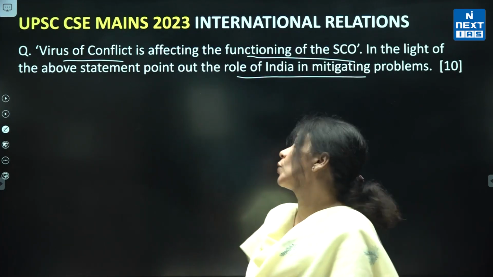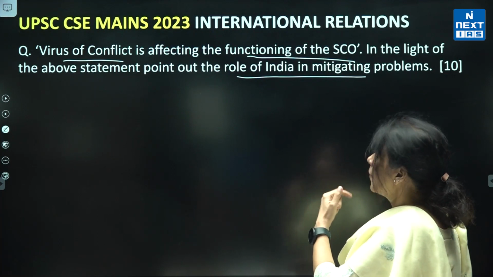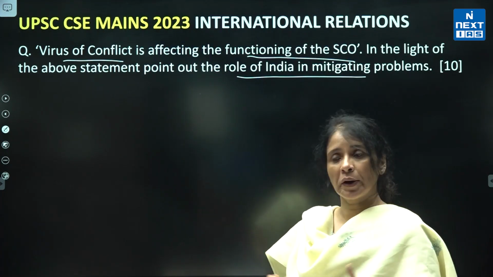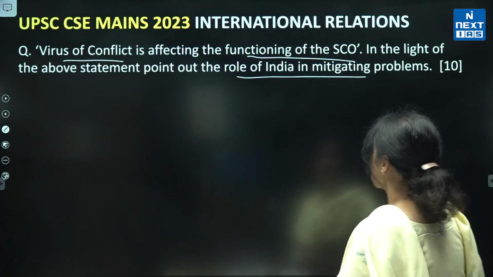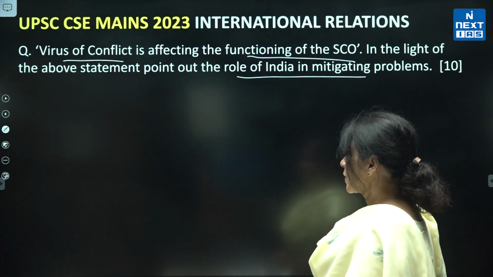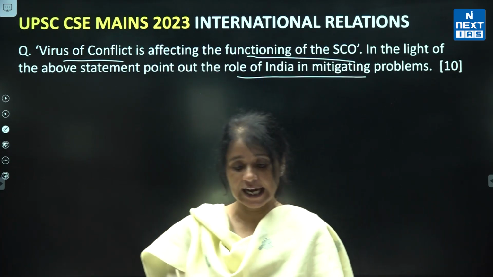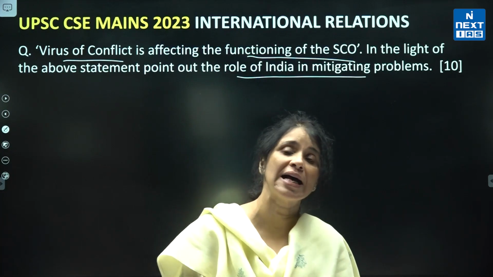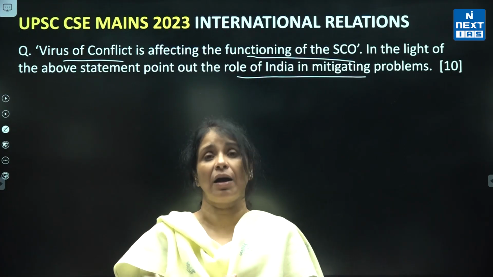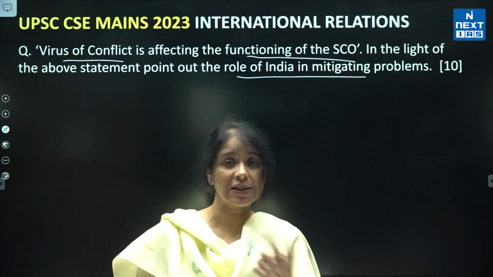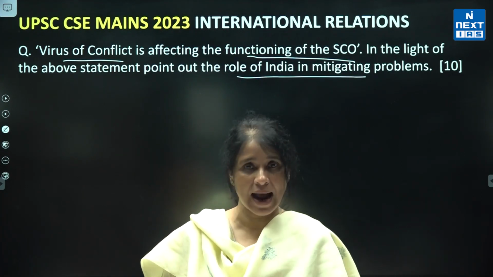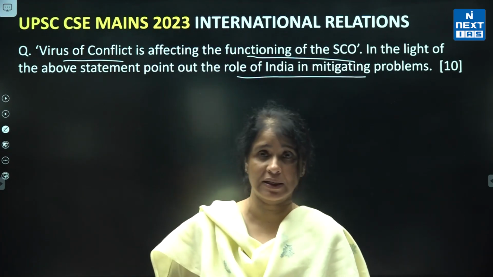So let us first try to understand what are the conflicting areas, or what are the conflicts between the members in SCO. SCO has India, Pakistan, China, Iran, and even your Central Asian countries minus Turkmenistan.